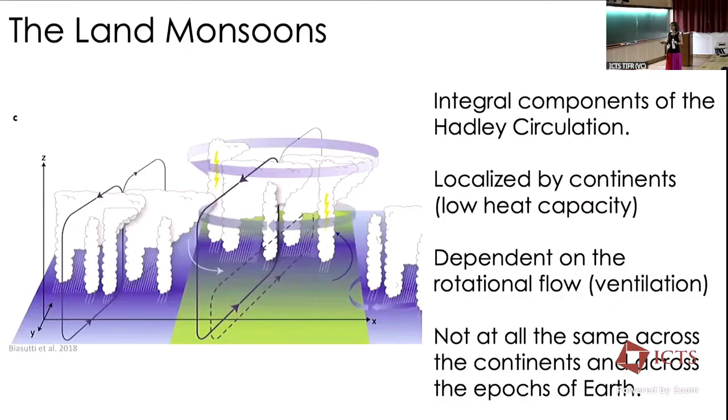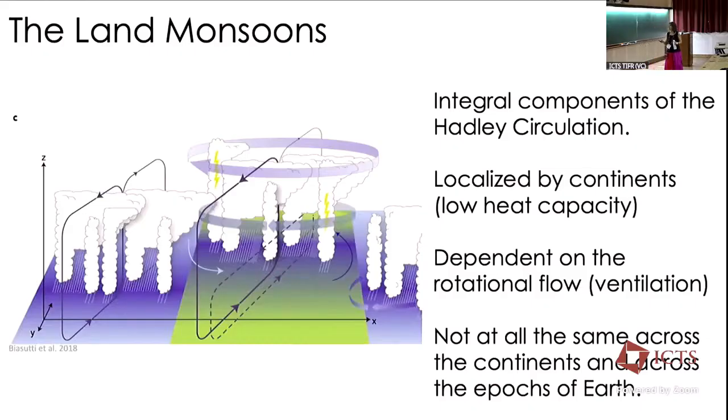The mid-level and the ventilation by the boundary layer are very important, right? And you get lightning, which you don't get over the ocean, so it's cooler. Not cooler in the sense of colder, cooler in the sense that it's neat.